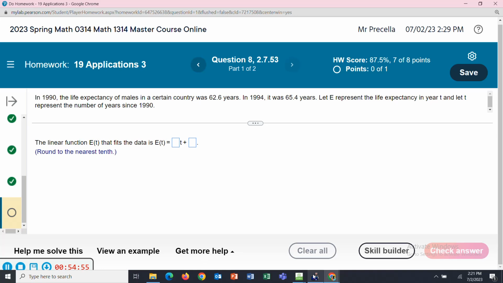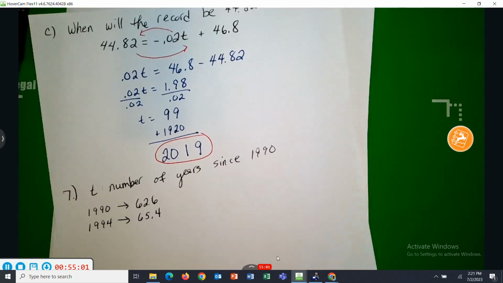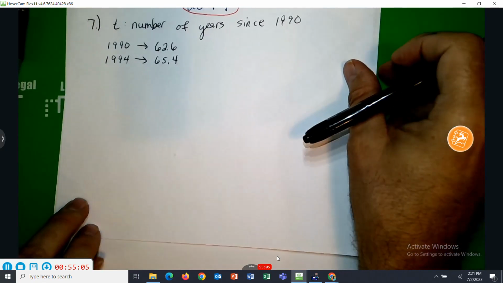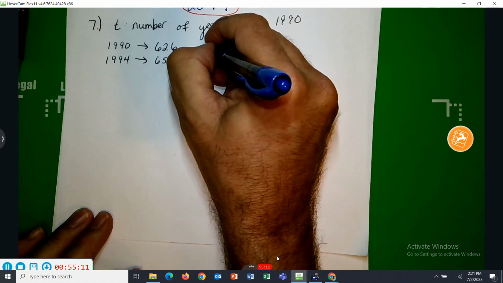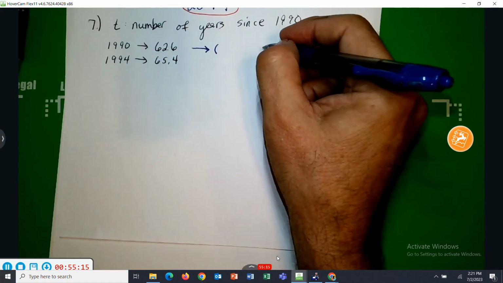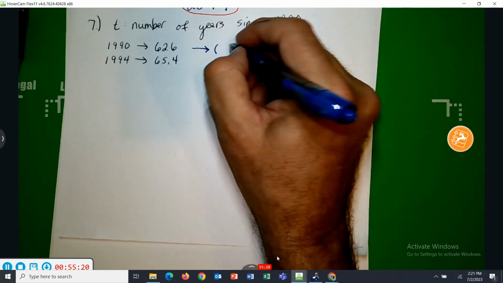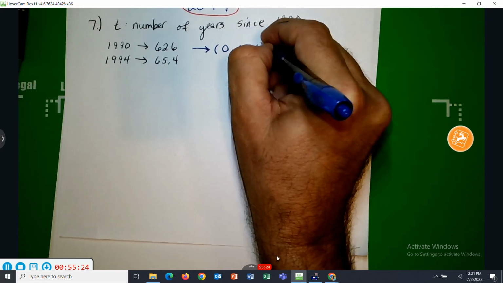And we write the ordered pairs here. If T is the number of years since 1990, what are these ordered pairs going to be? They're not going to be 1990, 62.6. You subtract 1990, so 0, 62.6.